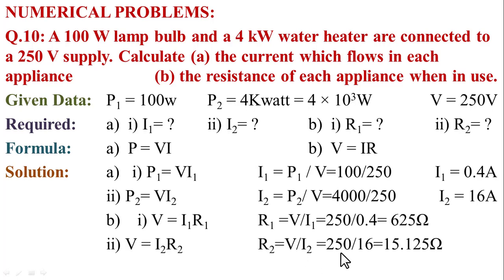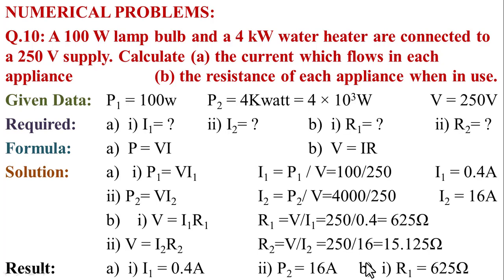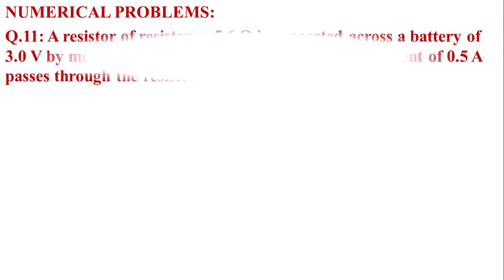So 250 divided by 16 is equal to 15.625 ohm. Then the result of this question: I1 is equal to 0.4 ampere and I2 is equal to 16 ampere. Similarly, R1 is equal to 625 and R2 is equal to 15.625. Now we can solve the last numerical problem, question number 11.